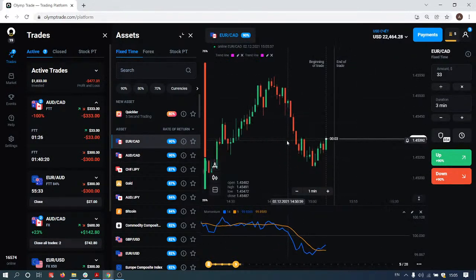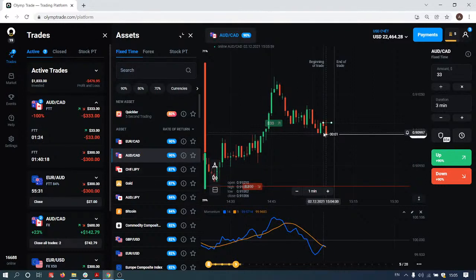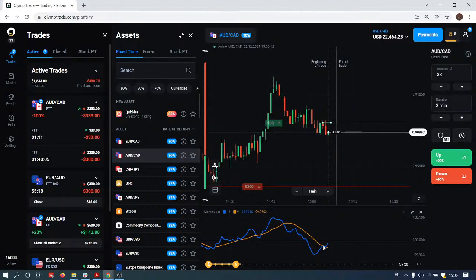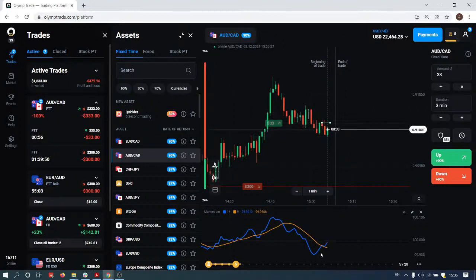Let me find one more example. Here I opened the trade in the upwards direction, because at this moment the blue line crossed the orange line. When the blue line crosses the orange line, that's when we want to open a trade according to the strategy. We either open a trade upwards or downwards, and that depends on how exactly this crossing happens: either from bottom upwards, or from top downwards.